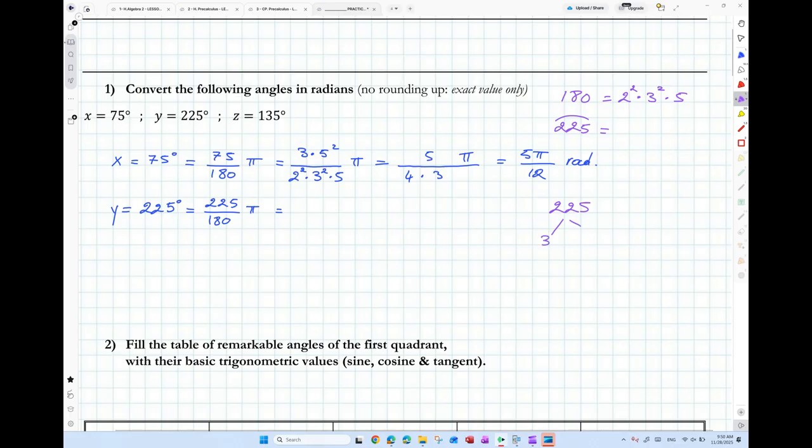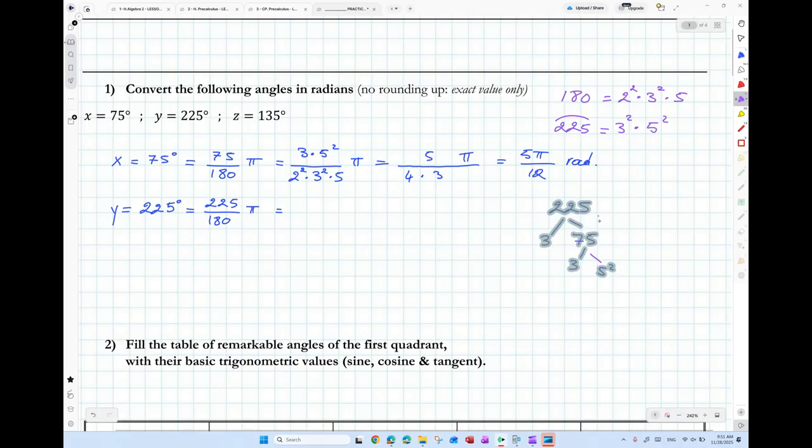Now, 3 times 75 is 225, and I've already seen that 75 was 3 times 5 squared. So 225 in terms of product of prime numbers would be 3 squared times 5 squared.